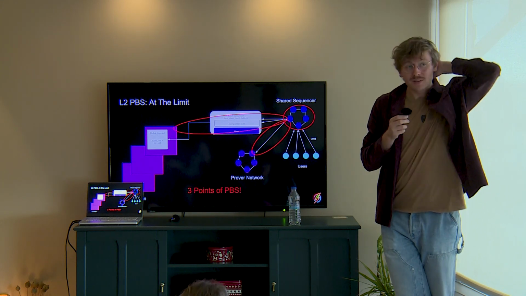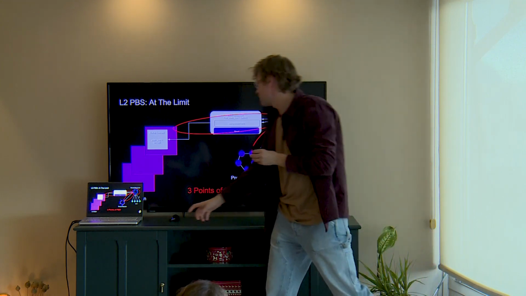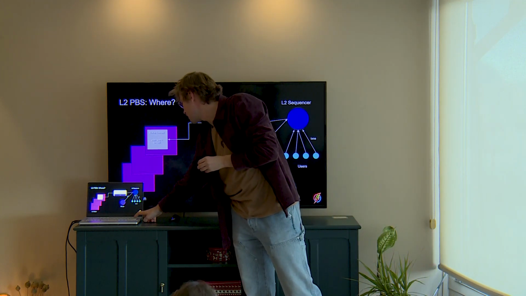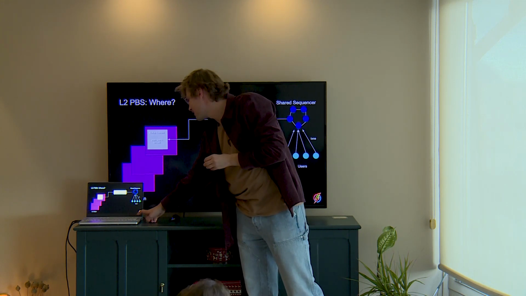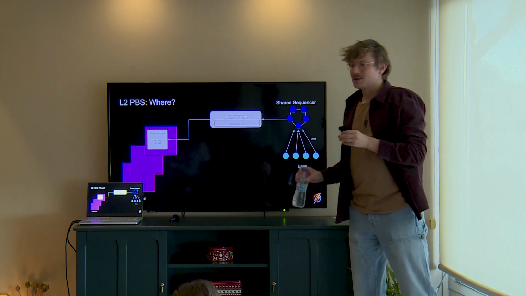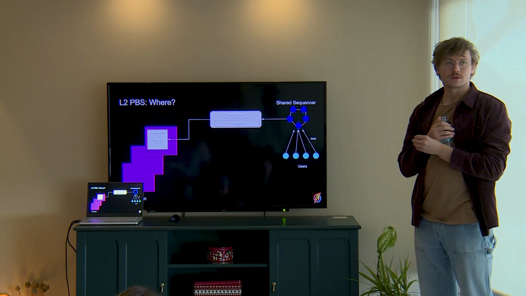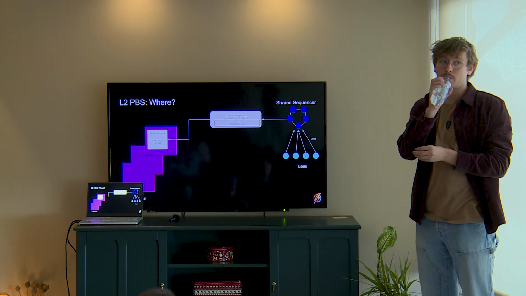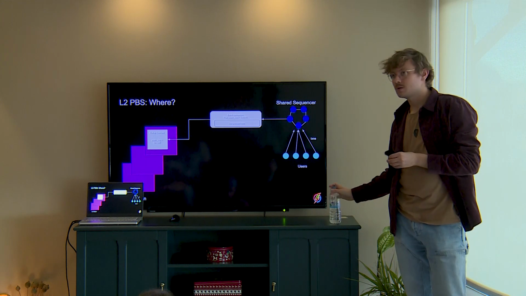Yeah, last question. Oh, can you go to the slide with a shared sequencer, the one without the prover market? So another question is, let's say you have 3 L2s with different transaction ordering policies. One is like, I don't care, do anything. One is like never front run, like encrypted, whatever.